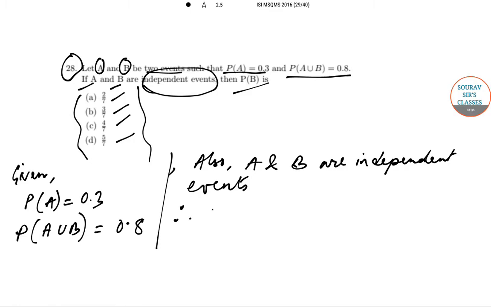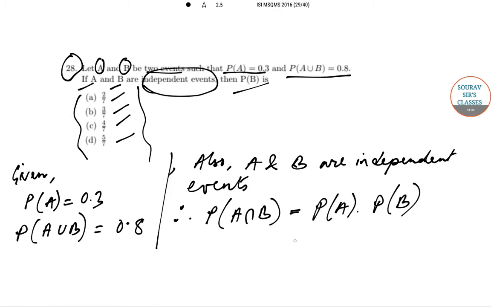So therefore, P of A intersection B is equal to P of A into P of B. Now P of A is equal to 0.3 and PB we have to find out. So basically P of A intersection B is equal to 0.3 PB.